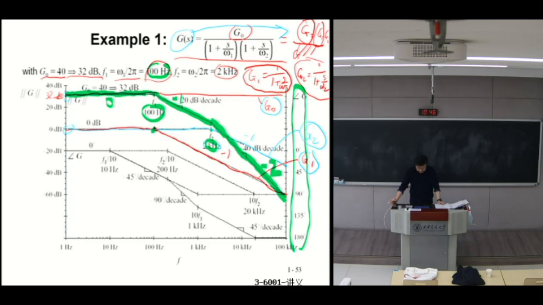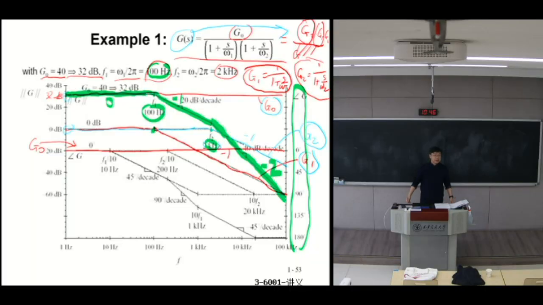Okay, let's see. For G0, because it's constant, G0 has a flat phase angle of 0, always 0. This is the G0 phase angle.